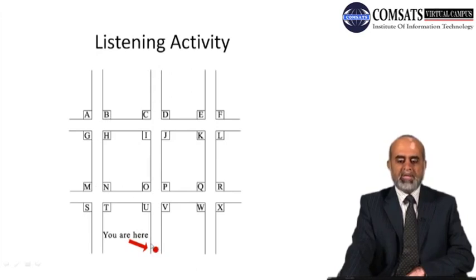Okay, I repeat, you are going to listen to an audio in which a person is going to direct you from here, from this red spot. You follow the directions, and after listening to this audio, you will tell me where you arrive, whether you arrive at H, whether you arrive at P, whether you arrive at D. So where exactly do you arrive after following the instructions.